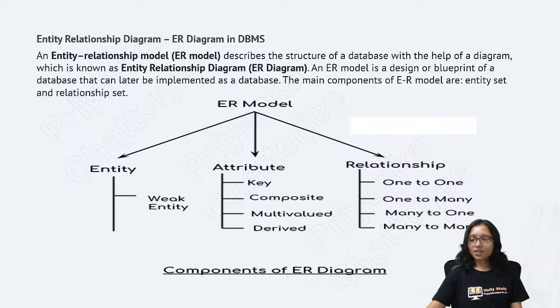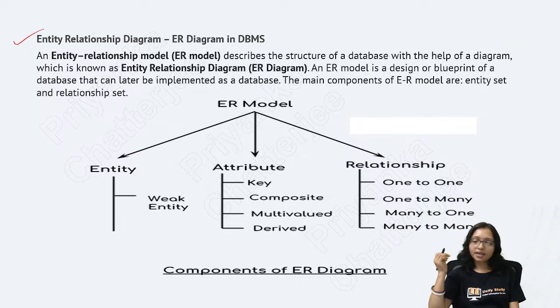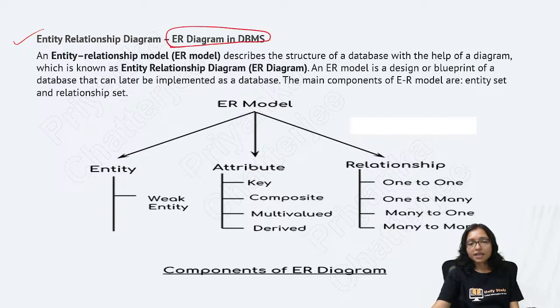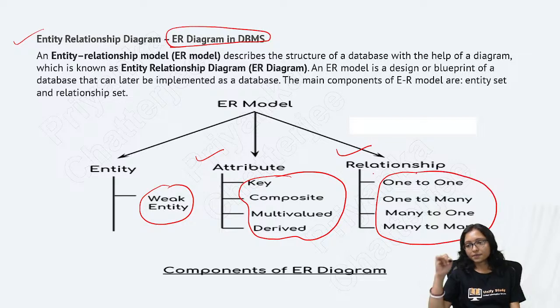Then, chalo. So in the ER diagram topic, whenever you come to it, what is there? ER diagram means entity relationship diagram. In the database ER diagram, there is entity, weak entity, attribute, key, composite attribute, multi-valued attribute, relationship: one to one, one to many, many to one, many to many.